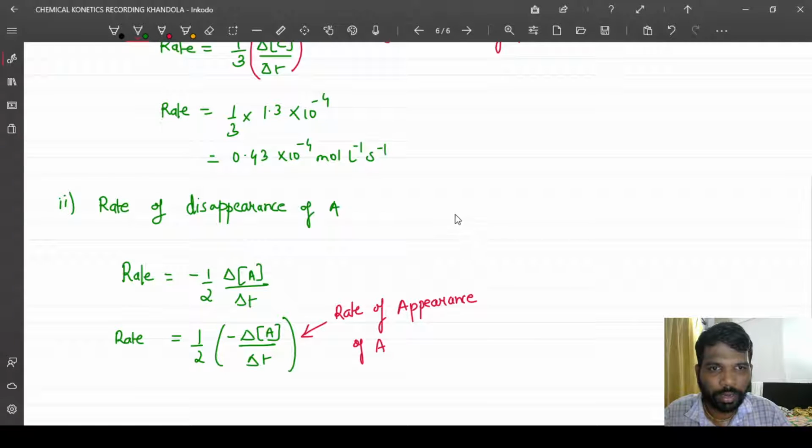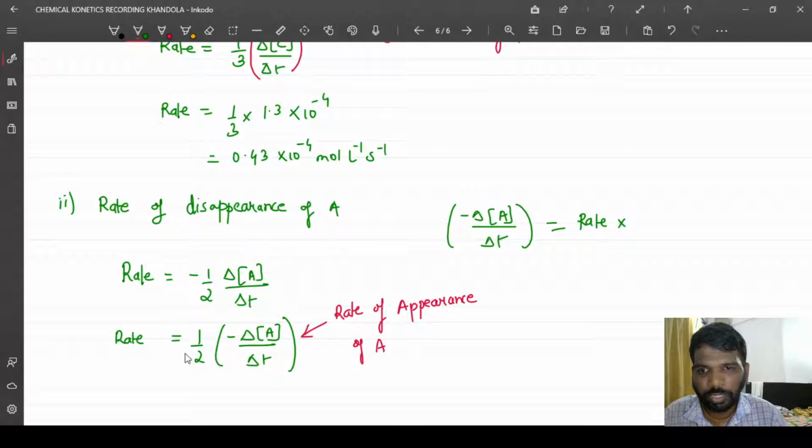So here I will write delta A by delta T is equal to rate, and this 2 I am taking on the top. So rate into 2. What was the rate which I found out? The rate I found out was 0.43 into 10 raised to minus 4, multiplied by 2.